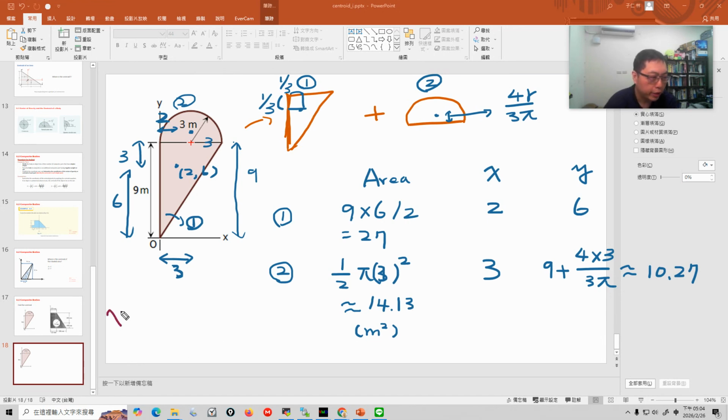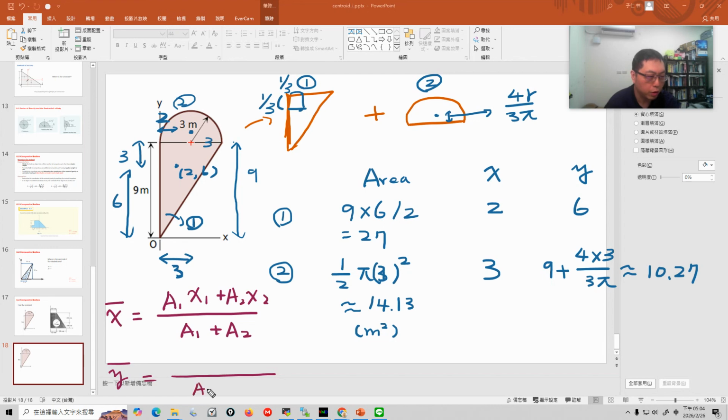So x bar is equal to (a1 x1 plus a2 x2) divided by (a1 plus a2), and y bar is (a1 y1 plus a2 y2) divided by (a1 plus a2).